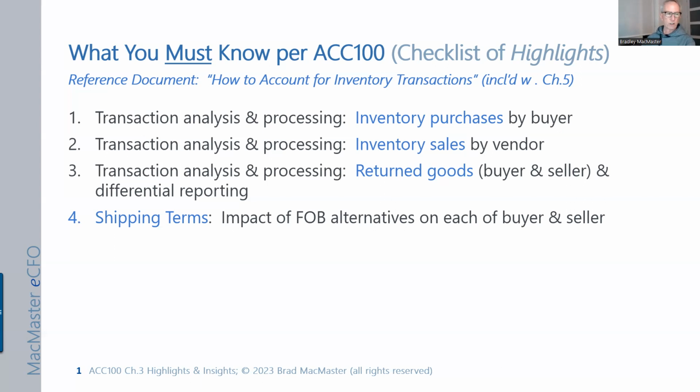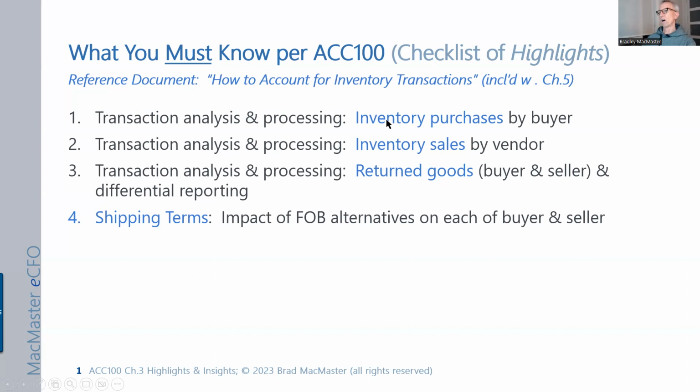Now, the shipping terms indicate who is responsible for the cost of shipment. And those are described in the FOB expression. FOB stands for free on board. If the goods that we purchase are free on board the point of origin, also called the shipping point, then it's our responsibility to get the goods from the supplier's place of business to our own.